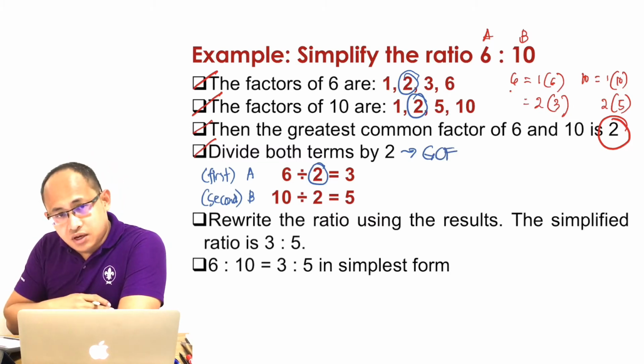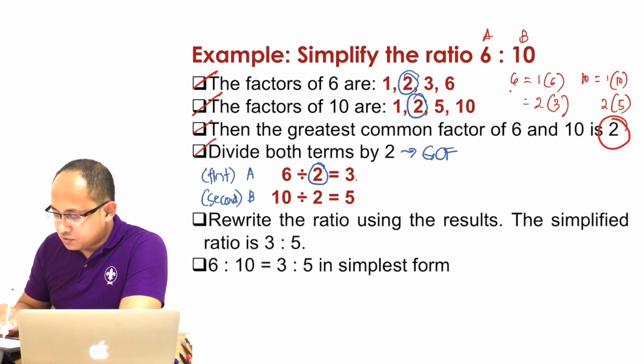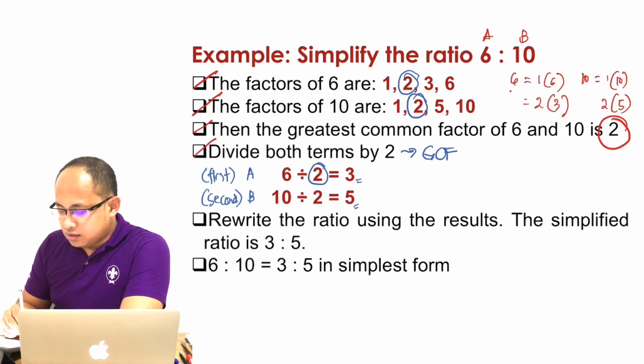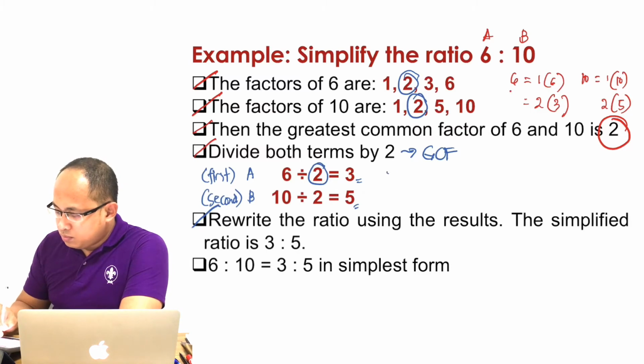So we divide 6 by 2, the answer is 3. 10 divided by 2, the answer is 5. So if we rewrite that on our step number 5, the new ratio would be 3:5.